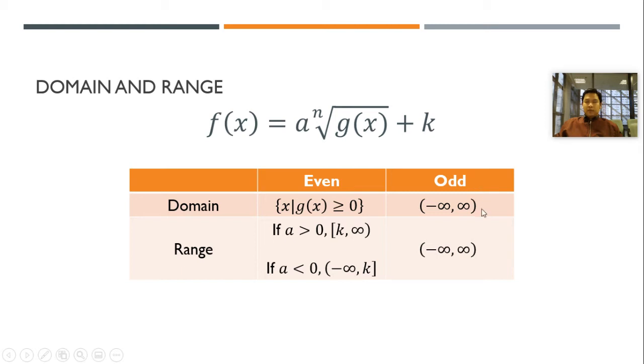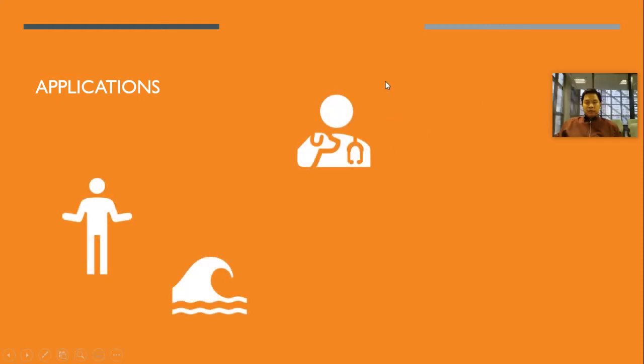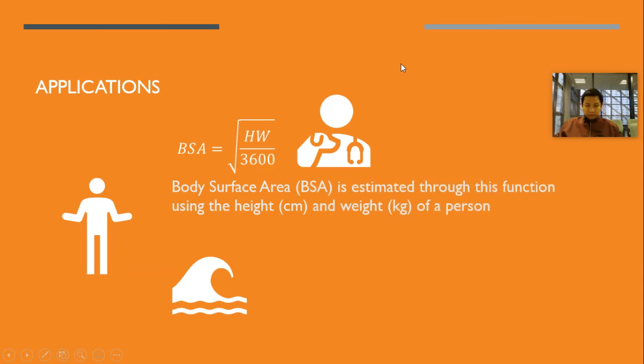Odd radical functions allow any real number for its domain. And then, of course, no restrictions for the range either. So how are radical functions used? Here's one function used by doctors actually.